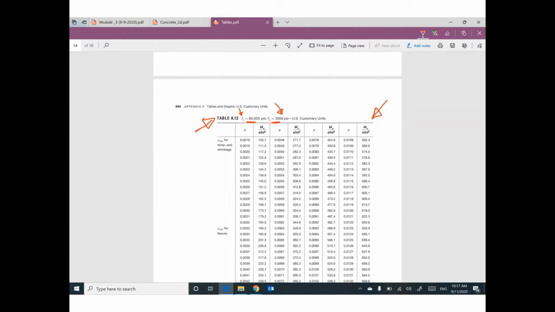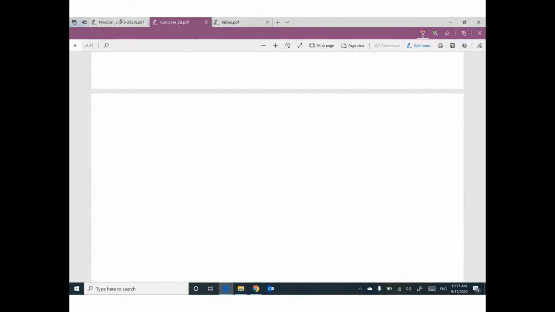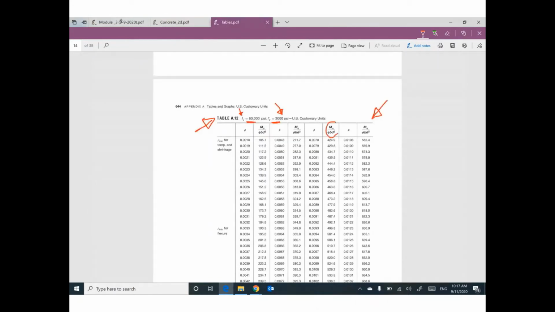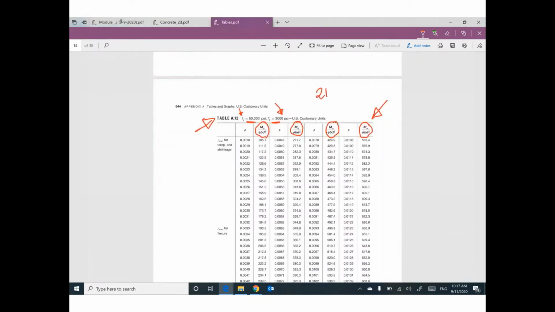Okay. Remind me, what is the value of M ultimate divide phi BD square? It's 215.9. Okay. We have here this term. Can you figure out your value? One more time. What is the value? 215.9. So which one? 215.